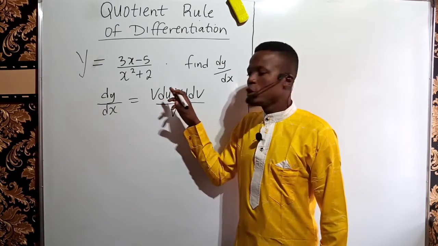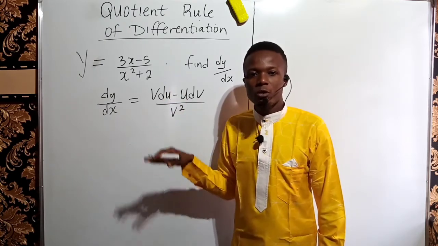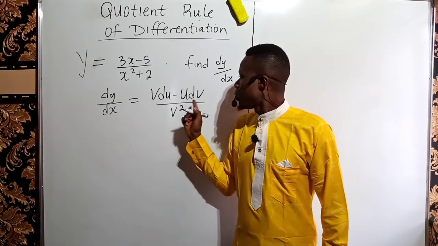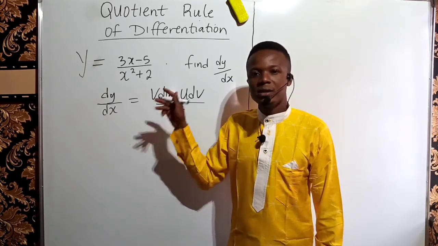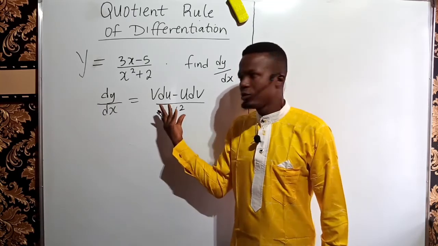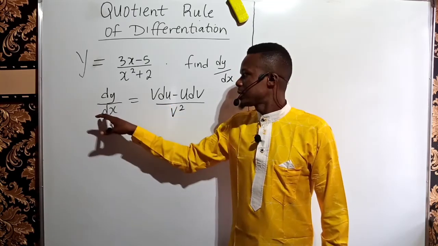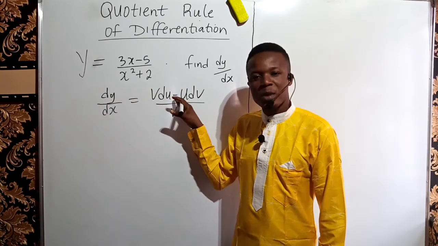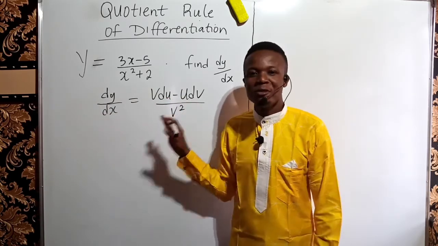Remember, this du is just the rate of change of u with respect to x. You can see it as du/dx, while dv can still be written as dv/dx. But to avoid ambiguity, I reduce it to this form. So you can say that dy/dx is equal to (v du minus u dv) all over v squared.